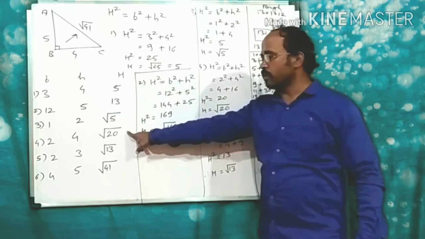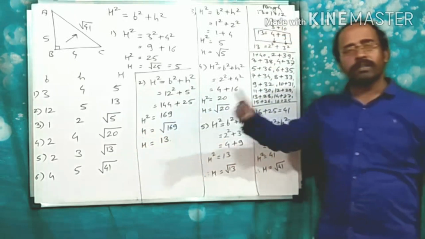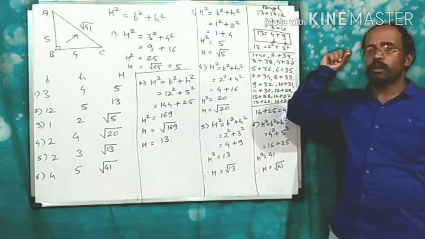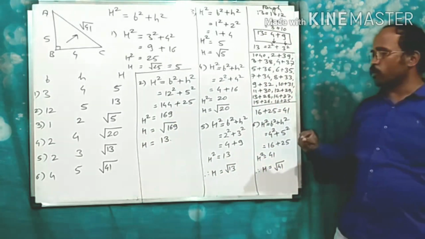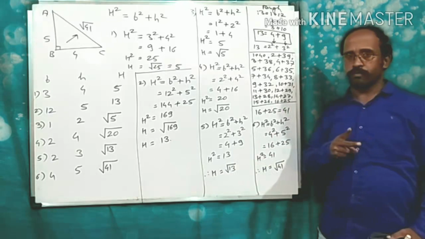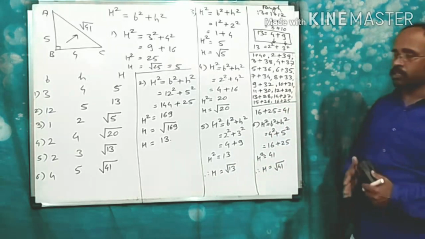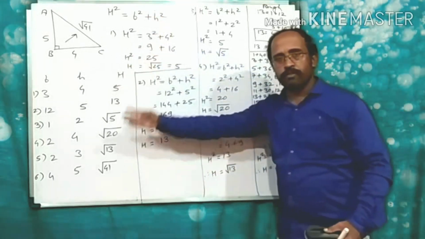In this example, 4 plus 16, as 4 is square of 2 and 16 is square of 4. So we have to find out two such perfect square numbers, and write their addition in such form.